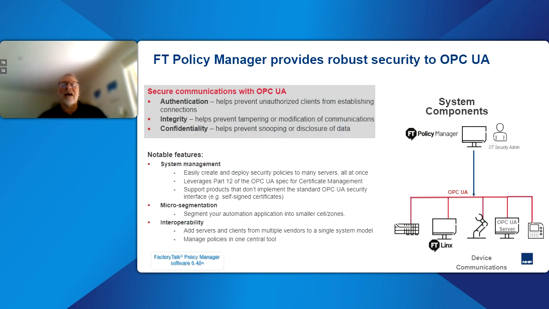Also, if you have third-party devices using OPC UA, where the controller's talking to other devices and you want to manage the security in that, Policy Manager can do it as long as the devices adhere to the OPC UA security spec. OPC UA does not have 62443 certification at this point in time.